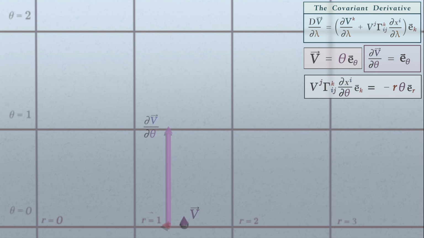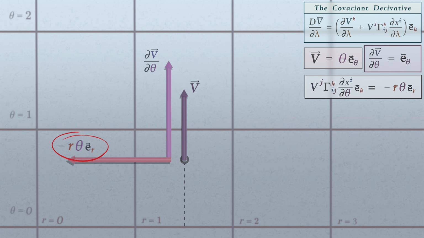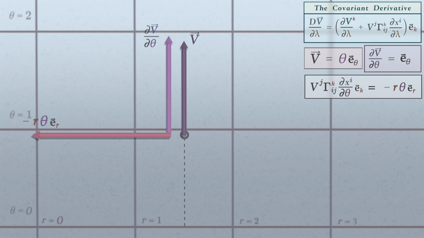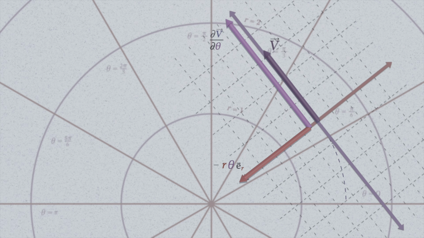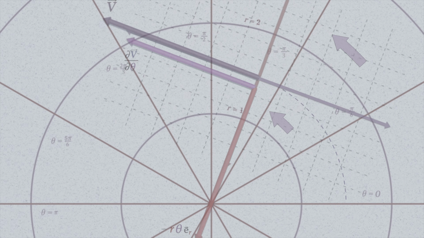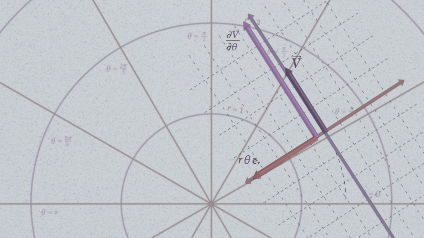In the parameter space, the extra component tells us that there is an additional change on the manifold of our vector due to the change of the coordinates along that displacement path, and that this change occurs in the r coordinate direction. In the manifold picture, we can see this additional component accounts for the centripetal curvature of our theta coordinate curves.